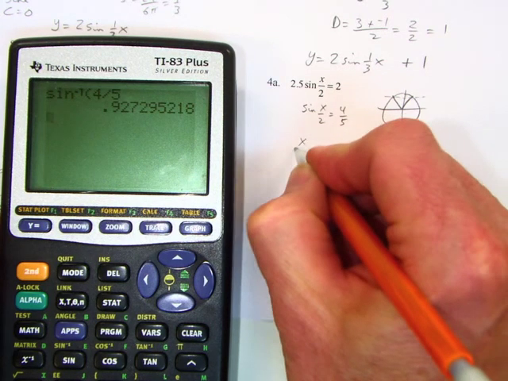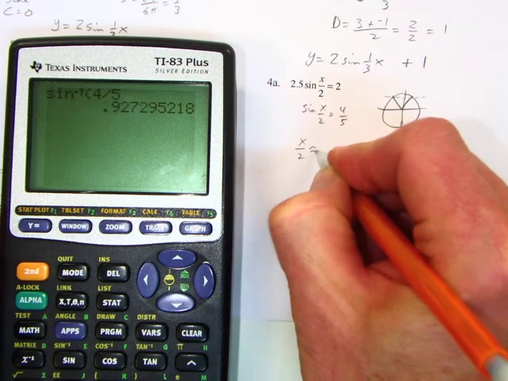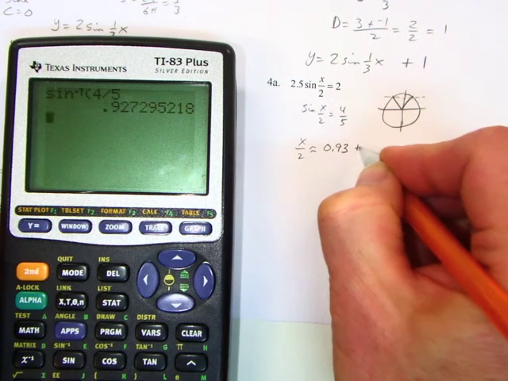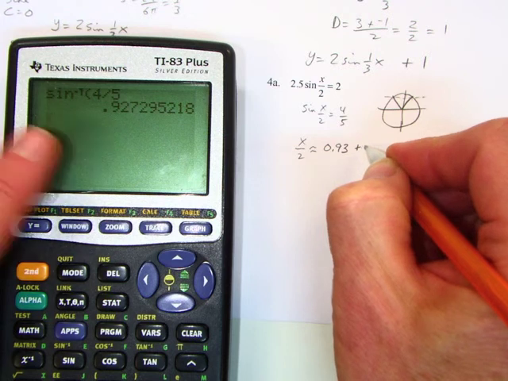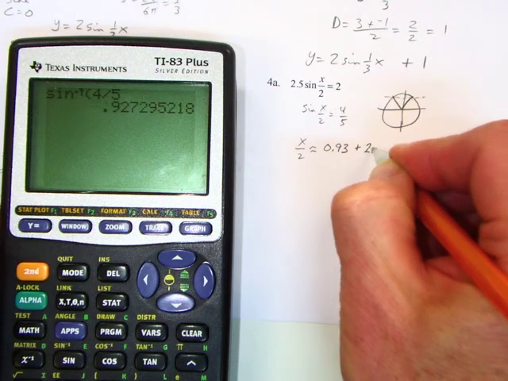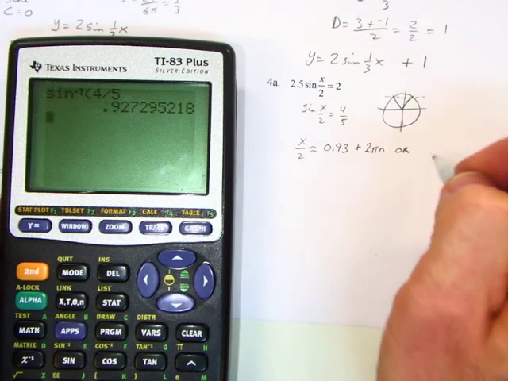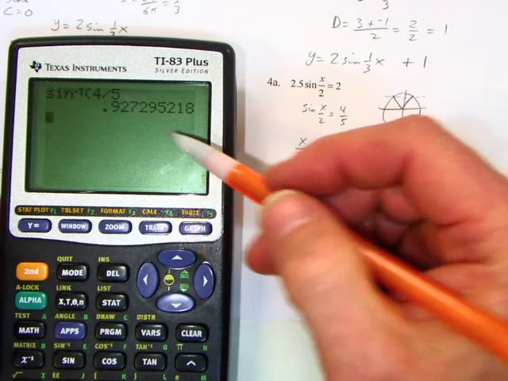0.927. So I'm going to have x over 2 is approximately equal to 0.93. Now I'm going to write 0.93 on my paper, but I'm going to keep this number on the calculator, plus 2 pi n. Or, now before I go to this or part, let's take this and store it into a letter.